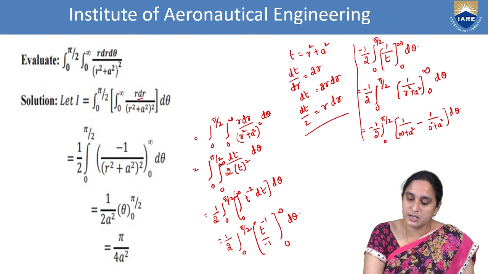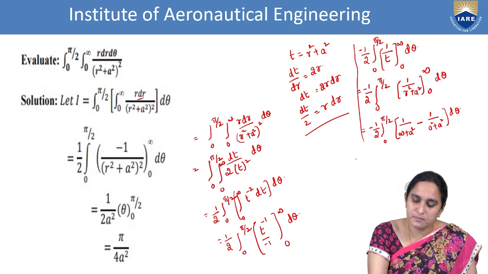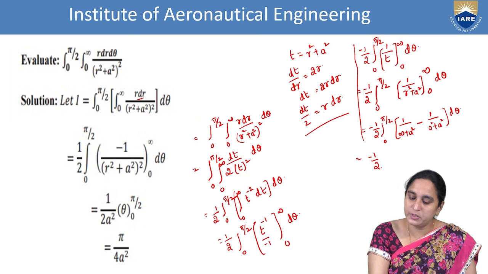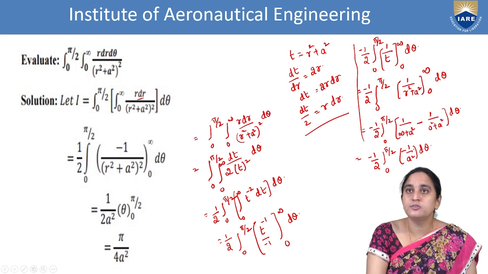Once you observe here, 1 by infinity is zero, no need to take it. And here, integral 0 to pi by 2, minus of 1 by a square into d theta; minus into minus is plus.